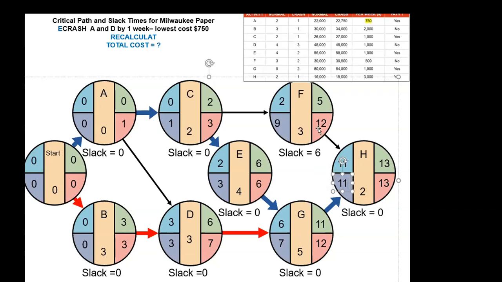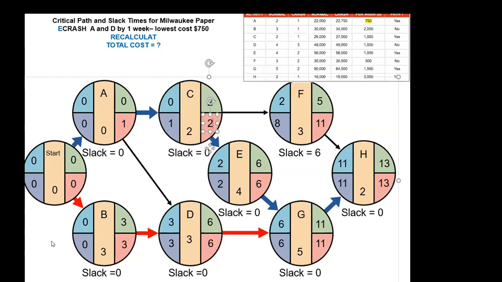And then 11 goes here, minus 2, minus 3. 11 minus 3, 8. And here also 11 minus 5 is 6. Okay, 6 goes here, and 6 goes here as well. 6 minus 4 is 2. And then 2 goes here.